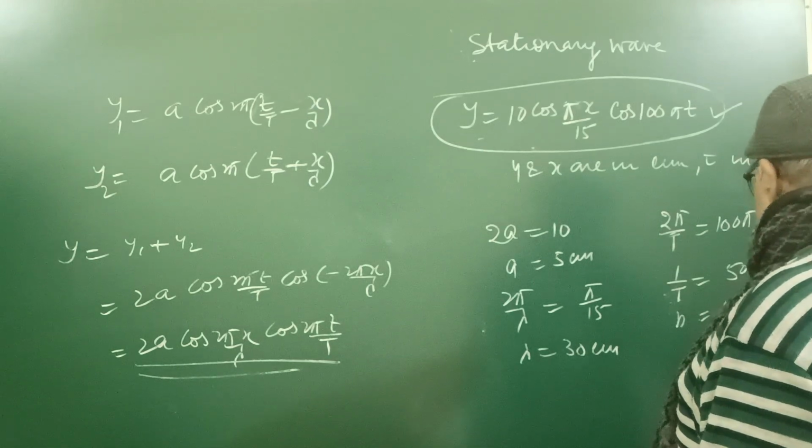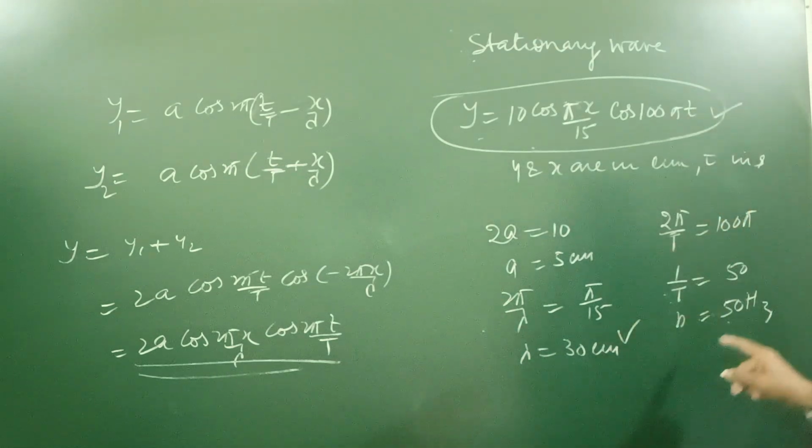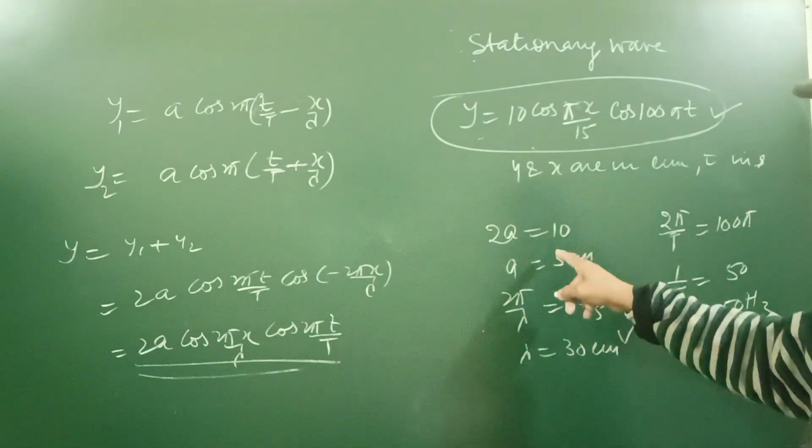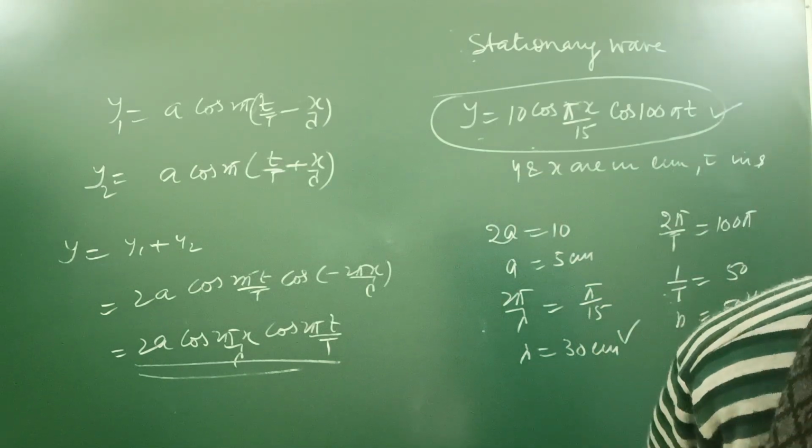You know 1 upon T equals frequency. So wavelength 30 centimeter, frequency 50 hertz.